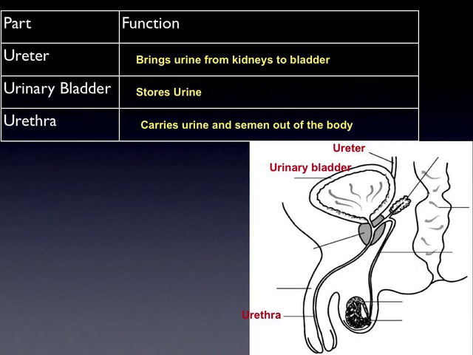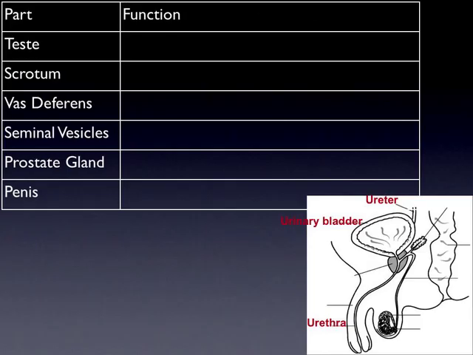So the urethra carries urine from the bladder and out of the body, but it also carries semen out of the body as well. So those are excretory organs. Well, these are the reproductive organs.